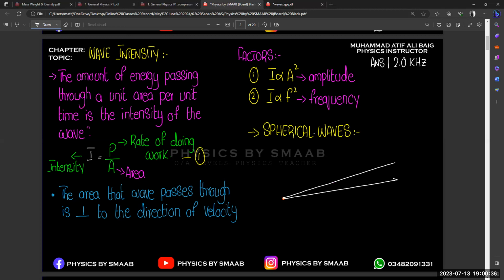I'm only drawing some points, so that will give you the concept of how the intensity is shown graphically or in diagram form. So it's like the same radius from the main point. The circular wave, or the spherical waveform, will be like this: we combine these two points and then move down, combine these points.